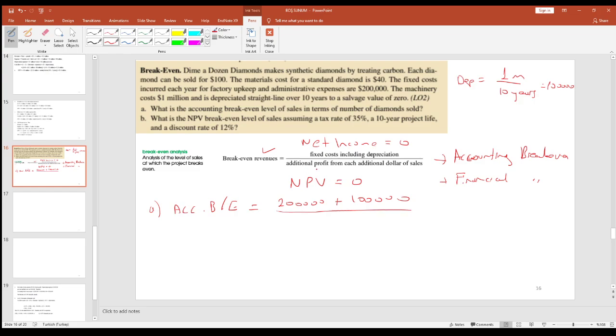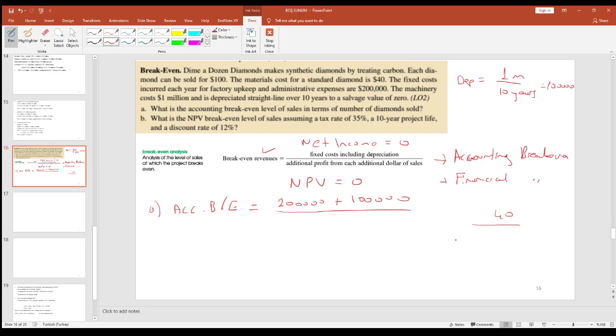Now, what is the additional profit from each additional dollar of sales? Here variable cost per diamond is $40.